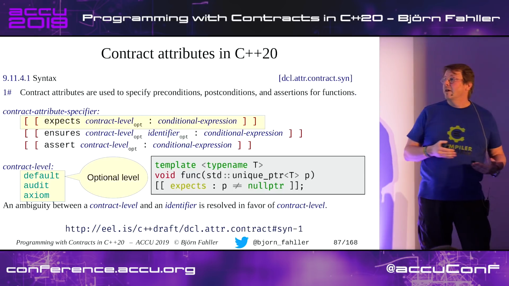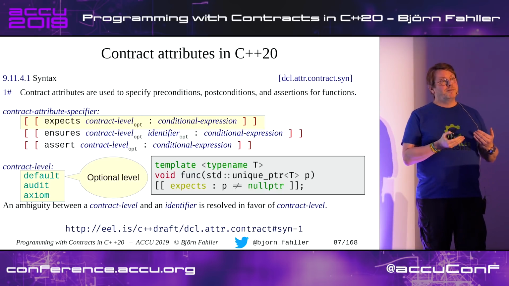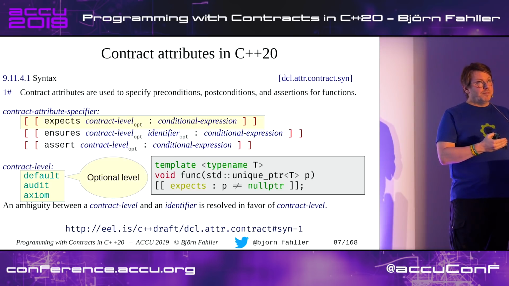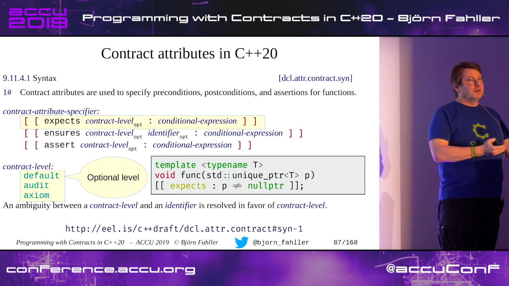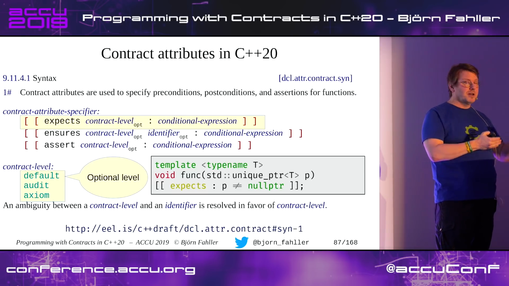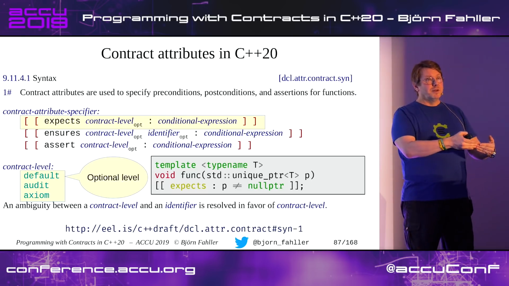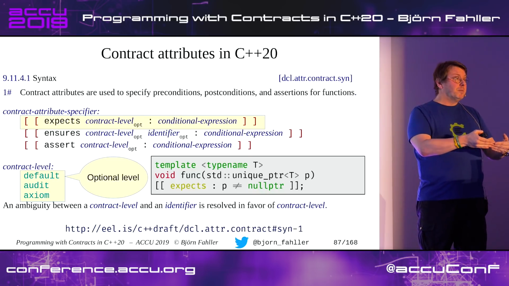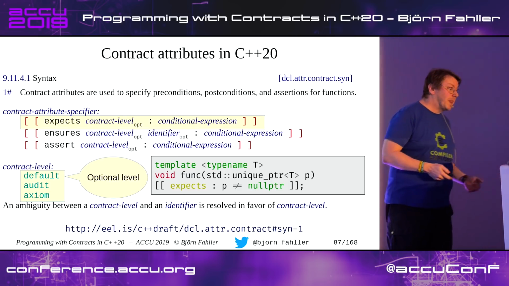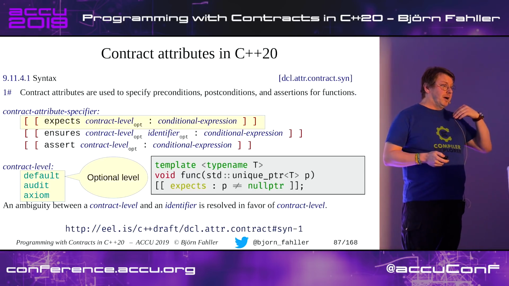The optional level is based on the observation that you can have contracts that are differently expensive to check. Some are very cheap and you may always want to have them on. Some are really expensive and you only want them on in unit test builds, say, as an example. So that's why I have default.